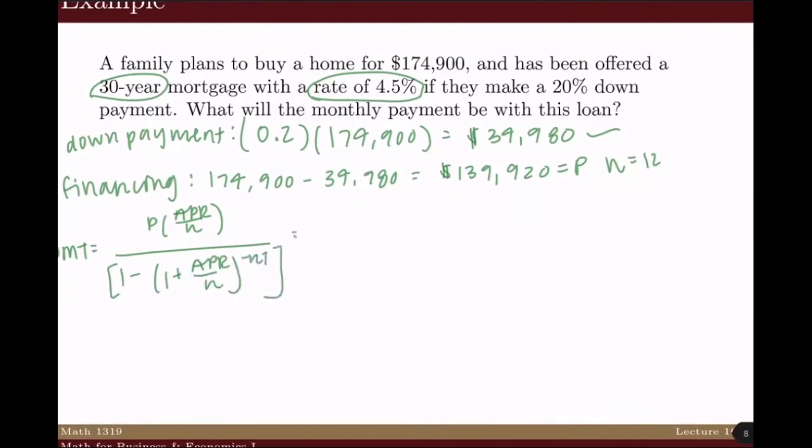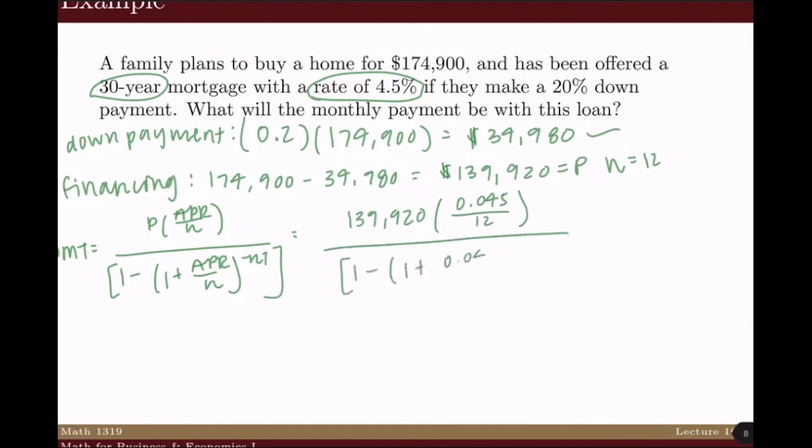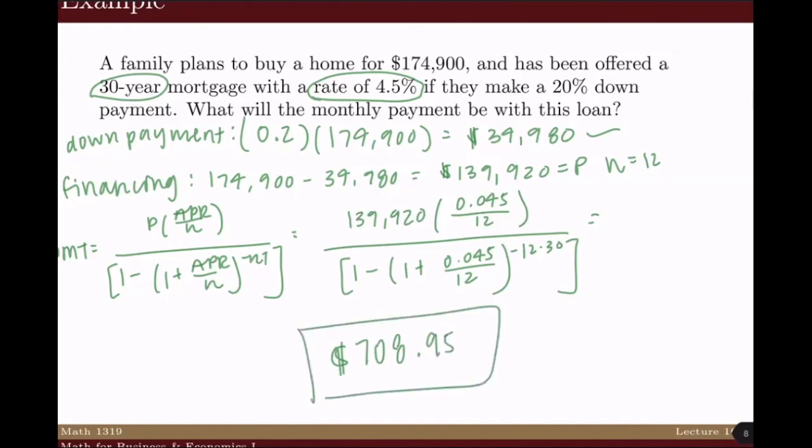So this is going to equal 139,920 times 0.045 divided by 12, all divided by 1 minus parentheses 1 plus 0.045 divided by 12 to the negative 12 times 30, since our time is 30. That's going to be equal to $708.95. So these are going to be your monthly payments.